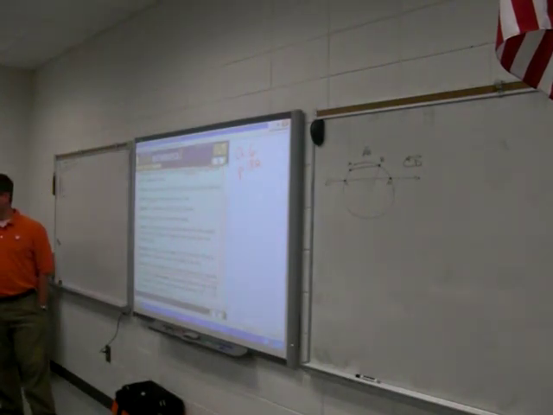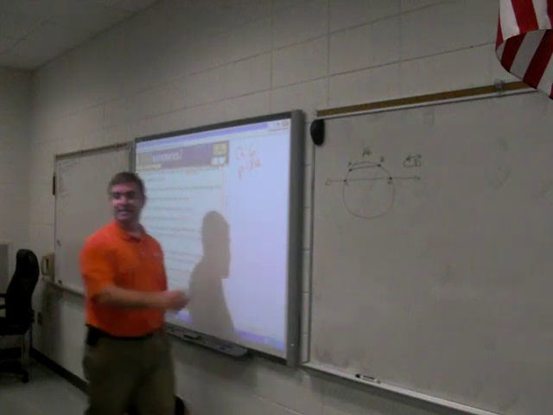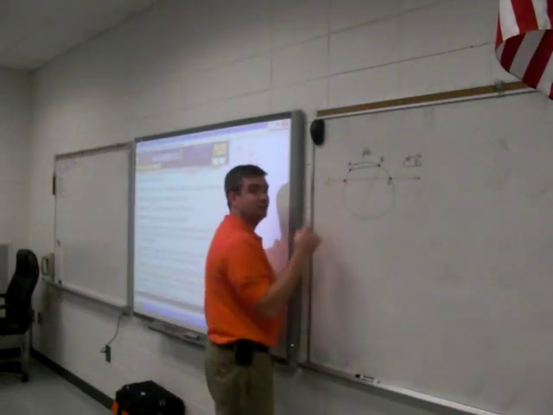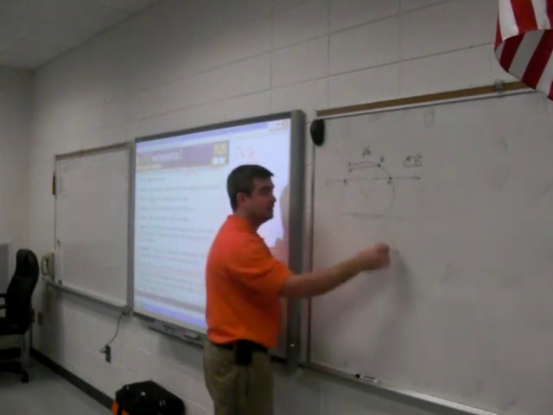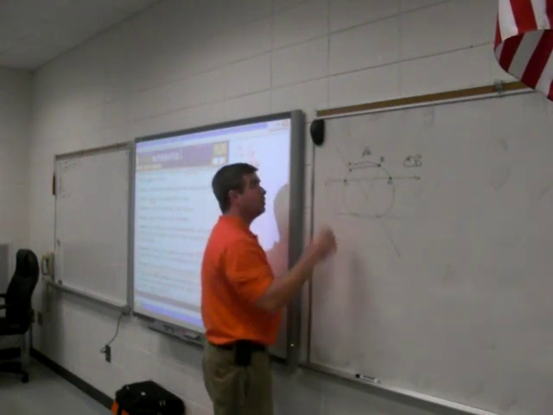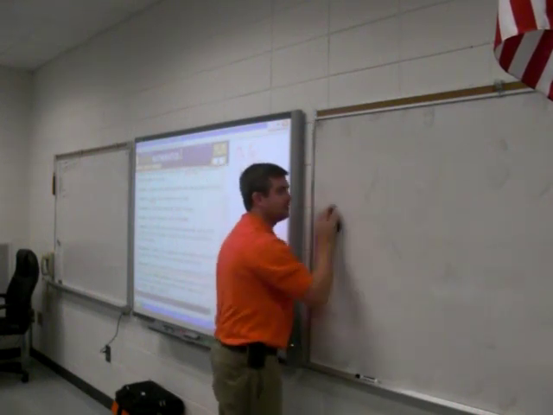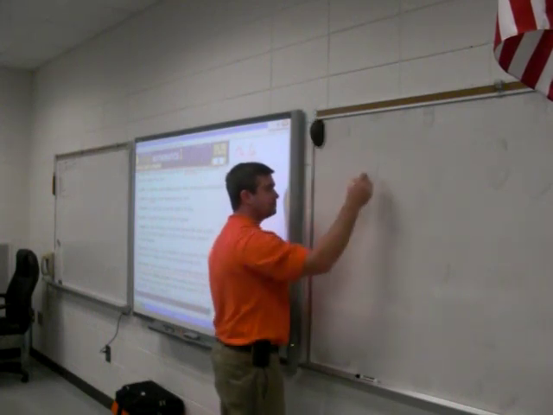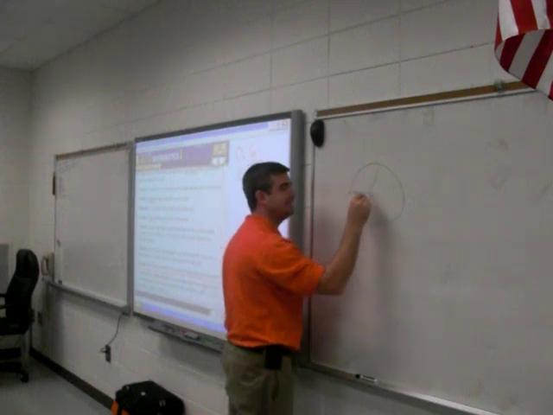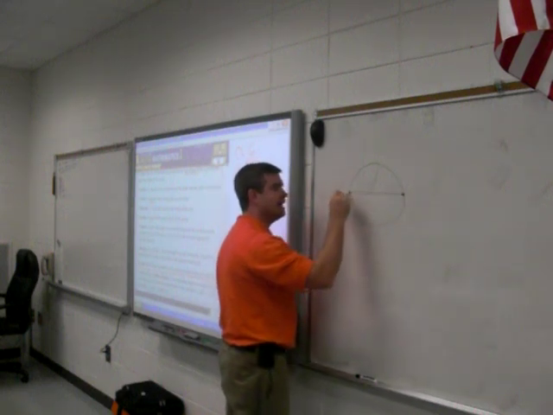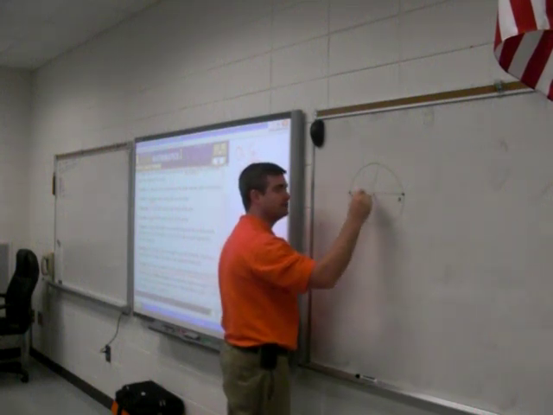Okay? You with me so far? So this is a secant. A secant cuts the circle in 2 places. It can cut it like that, it can cut it like that, it can cut it right like that. The only way that a secant and a diameter can be the same thing, the way you would have to say it, is that a secant contains the diameter. Here's A and B, and here's the center.